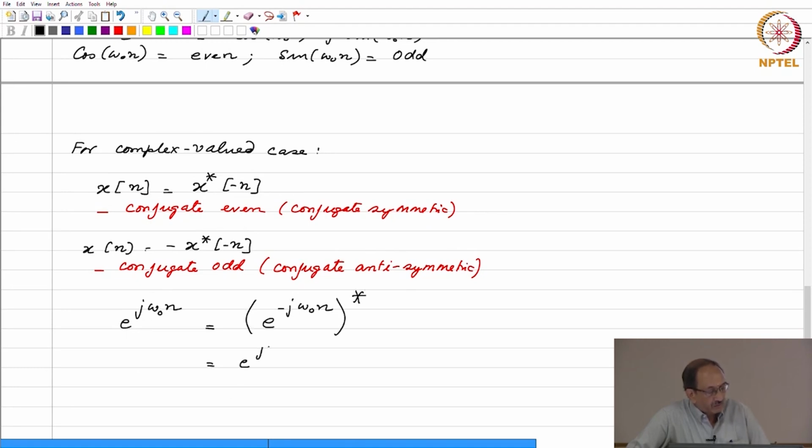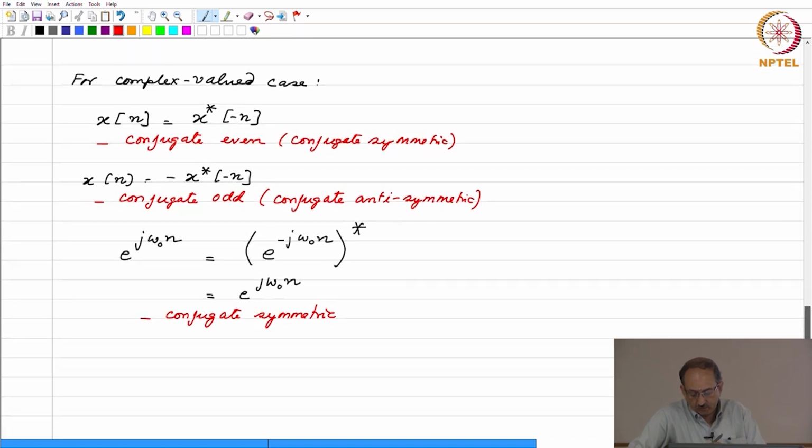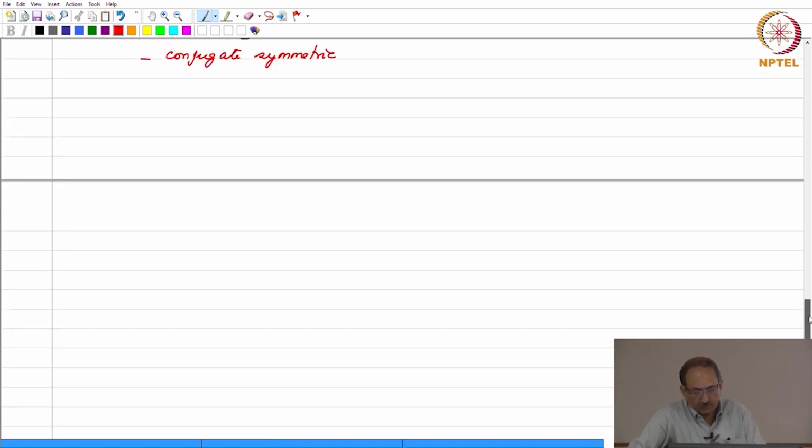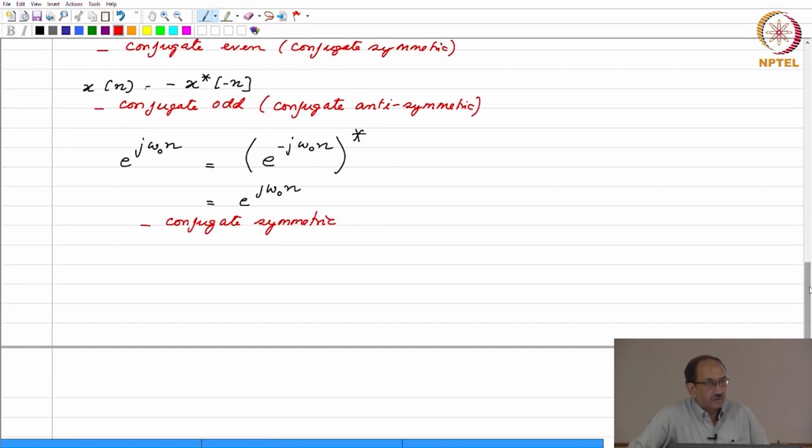So this turns back into the given signal. Therefore, e to the j omega naught n is really conjugate symmetric, alright. So these are pretty simple and straightforward and follow from the definition.